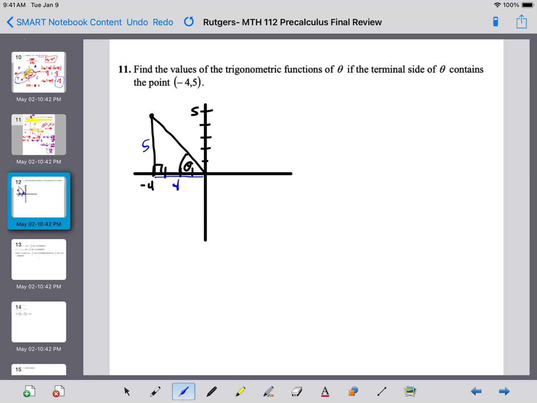Since we're finding the values of all the trig functions, we're going to need our hypotenuse. We'll solve for that quickly. 5 squared plus 4 squared equals x squared. 25 plus 16 is 41.